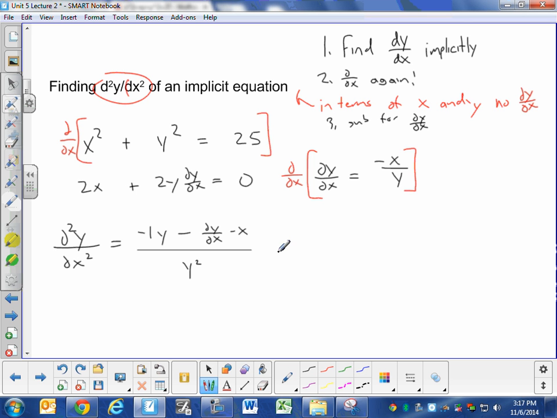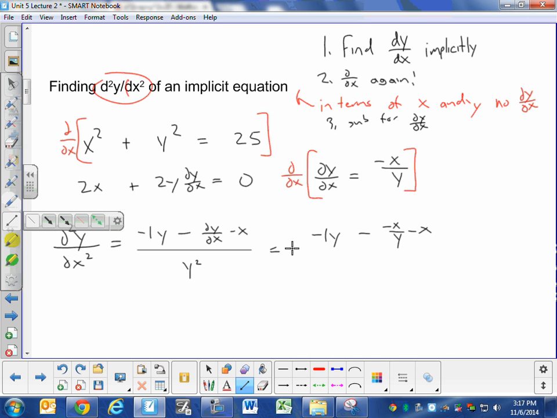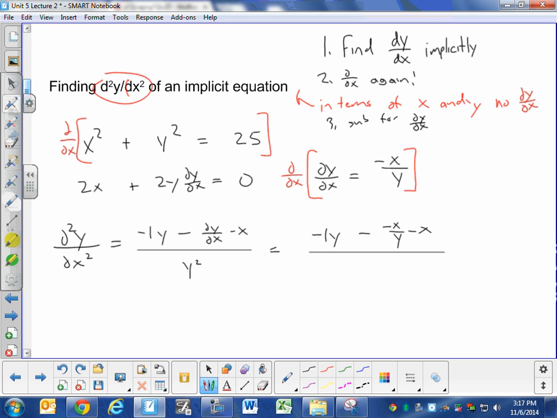So I do that, and I get negative 1 over y minus negative x over y times negative x over y squared. This is a derivative. This is your second derivative. This is an answer. You can plug in x's and y's. You get correct values for your second derivative.